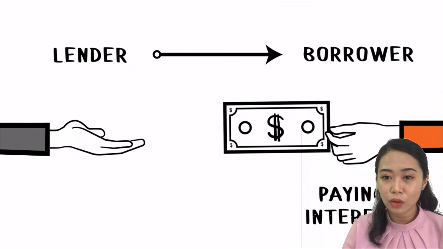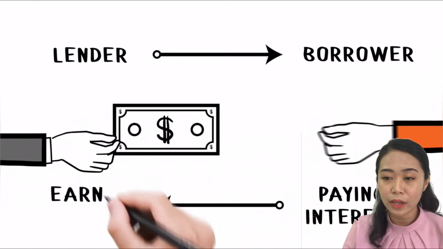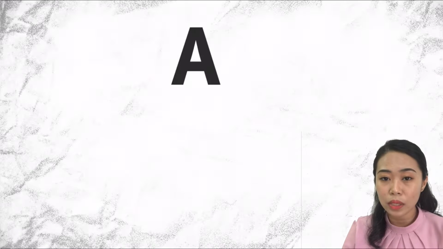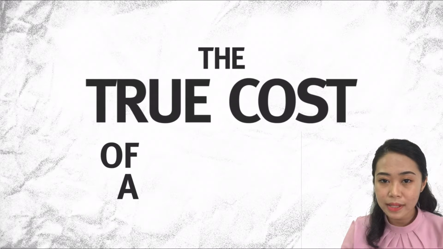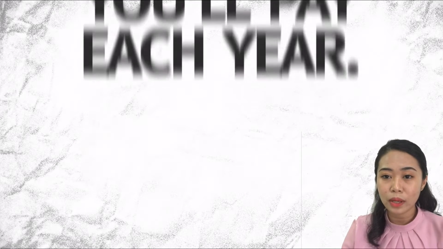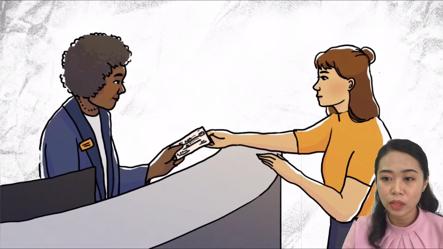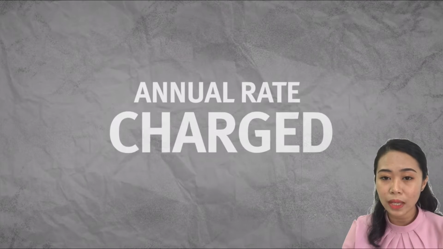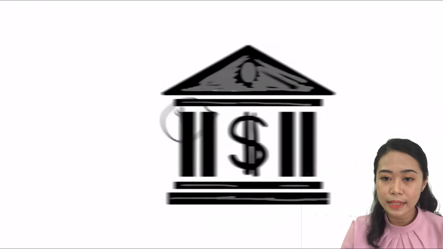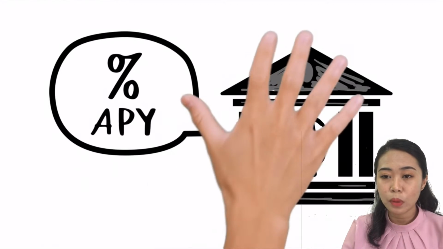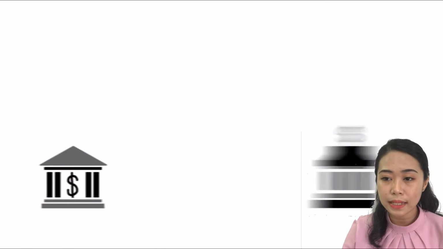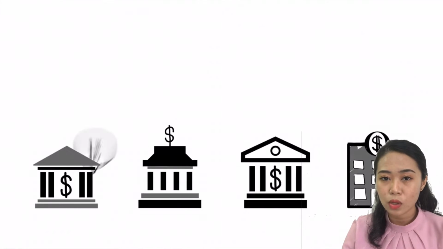The interest rate on a loan is typically noted on an annual basis known as the annual percentage rate, or APR. An interest rate can also apply to the amount earned at a bank or credit union from a savings account or certificate of deposit, which we call CD. The annual percentage yield, APY, refers to the interest earned on these deposit accounts.